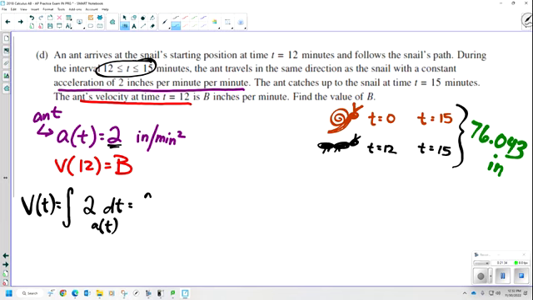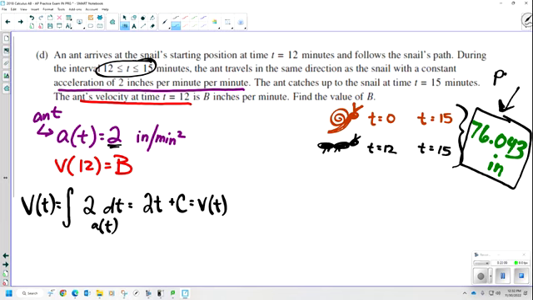That's 2t. There are no bounds right now, so it's plus c. That's going to equal my velocity. Now, how do I get that c? The only other number that I have here, I pulled from 2b, the distance.